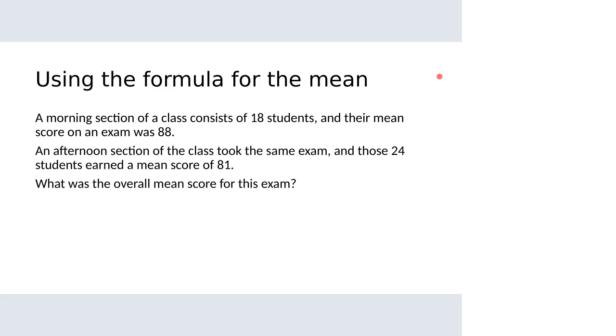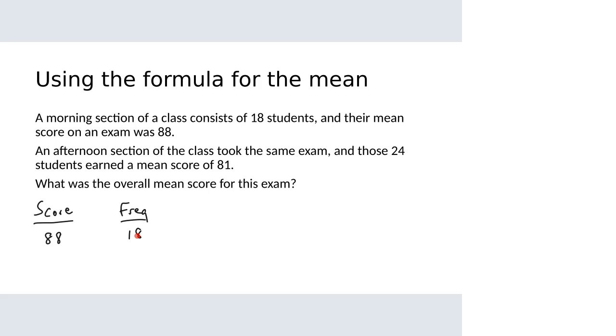A great way to approach this type of question is by using a frequency table. We can look at the score that was earned and the frequency of students that earned it. In the morning class, their mean score was 88 and the frequency was 18. That's how many people were in there.